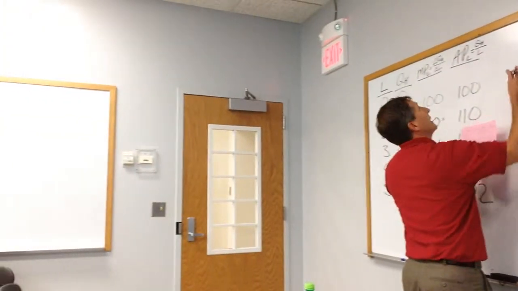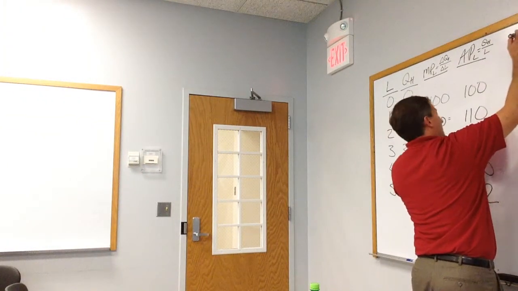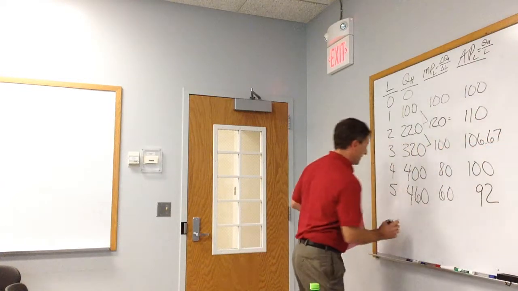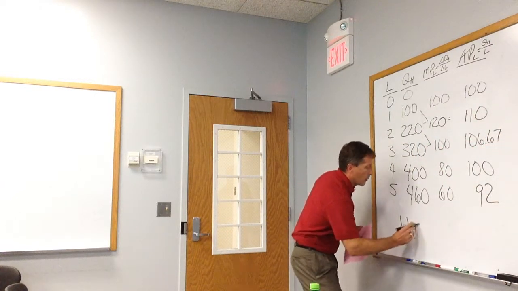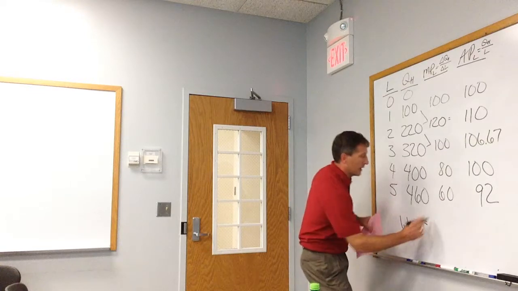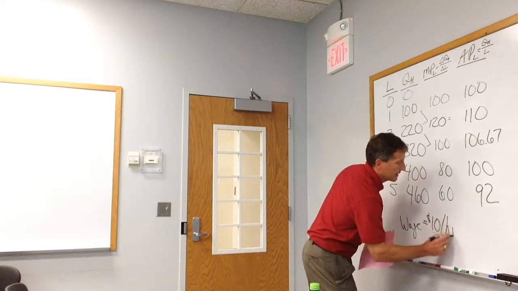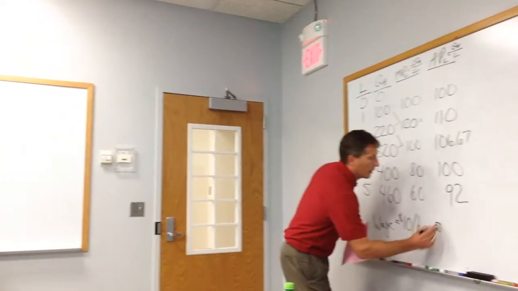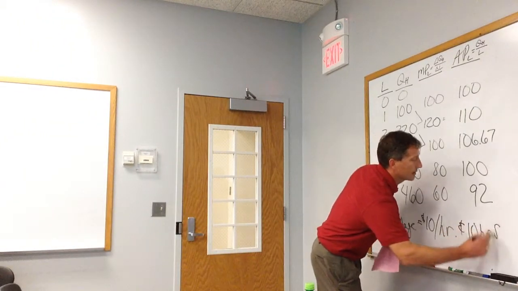Let's say that the total cost of labor, if we have a wage, suppose we got maybe I'll put this down here just for now. Suppose that we've got a wage equal to $10 an hour. So we got a nice paycheck for our people. And we have a 10-hour shift.